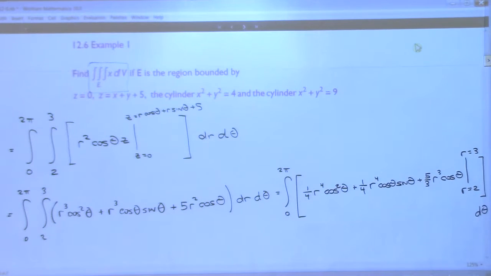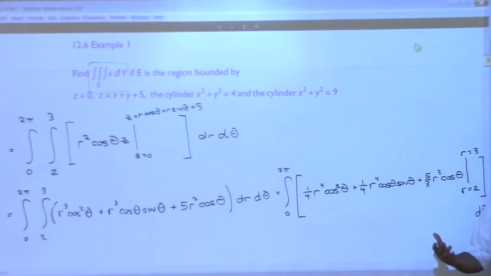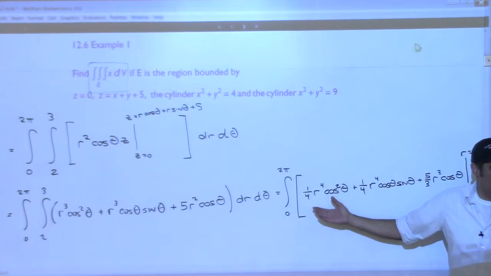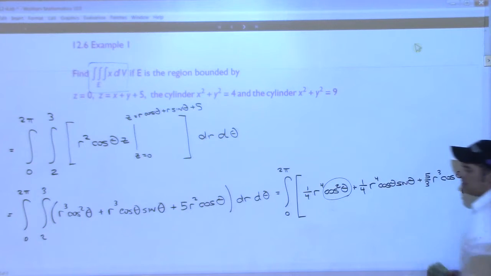I do want to talk about, after you do that next step, you will have to do integration with respect to theta, won't you? So let's just talk about what would happen. When I put a 3 in here and a 2 in here, I'm going to wind up with a number out there at some point. So if you had to integrate that part when you get to it, how do we integrate cosine squared?